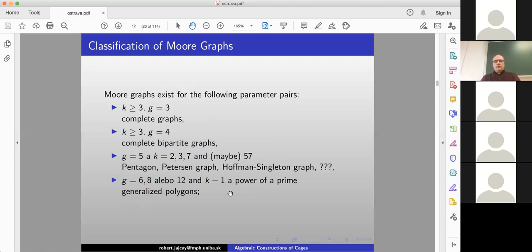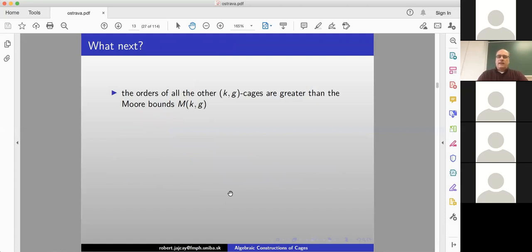The rest of the Moore graphs are special graphs that come as incidence graphs of generalized polygons. That's a very famous part of finite geometry. And again, there aren't that many of them, and all of them are even girth. So what this list means is from now on, we have no idea what is the order of the cage for given K and G. We only know a lower bound, and we know that for most pairs, we cannot reach that lower bound.